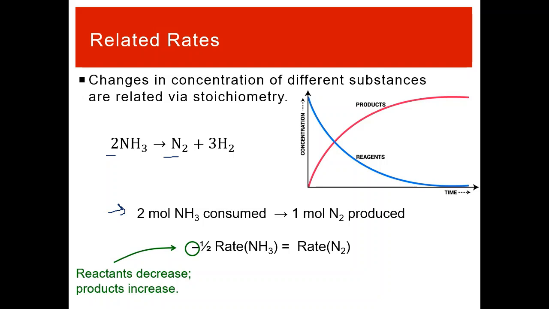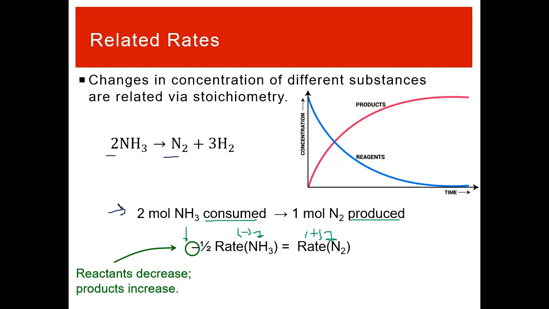NH3 is a reactant, so its concentration will be decreasing, whereas the concentration of N2 will be increasing. What that means is I know that this number is going to be negative. The rate of NH3, because it's a reactant, that number will always be negative, and we know that the rate of N2, because it's a product, will be positive. So in order to make them equal, I need to put in a negative sign.